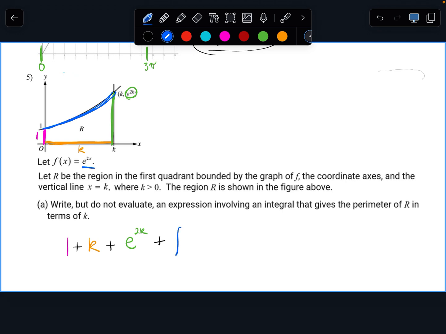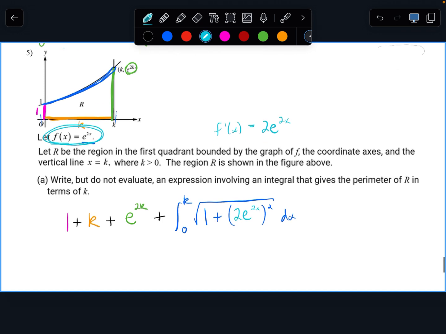I'm going to add up all the little tangents from 0 to k, because those are your x's: the integral of the square root of 1 plus quantity squared dx. And remember, what goes in there is just the derivative. So you find f prime, and it's 2e to the 2x. And that's it. So that's all you have to do. It's kind of fun.